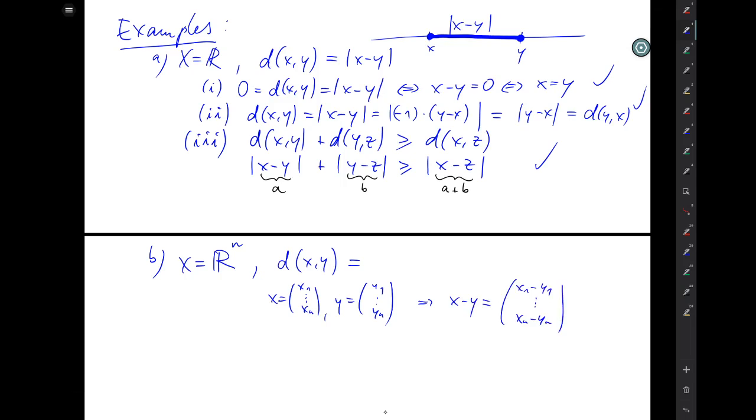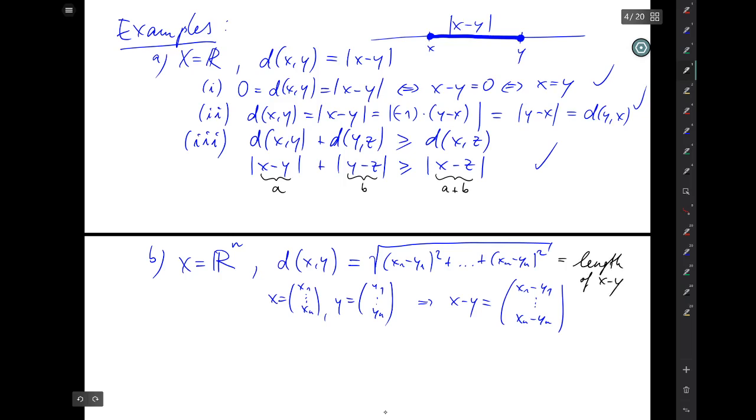So you would take the square root of (x1 minus y1) squared plus and so on (xn minus yn) squared, right? So in the end what you get is just the length of the vector x minus y, which connects the points x and y, right?